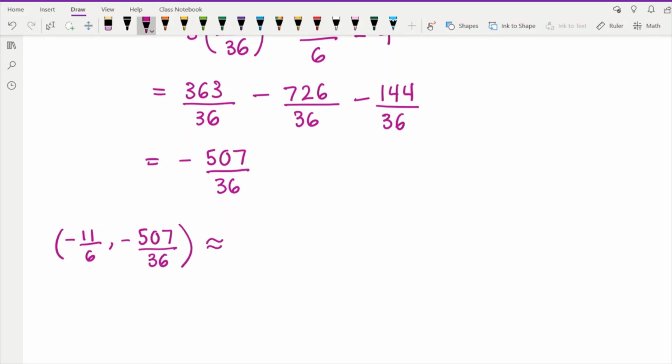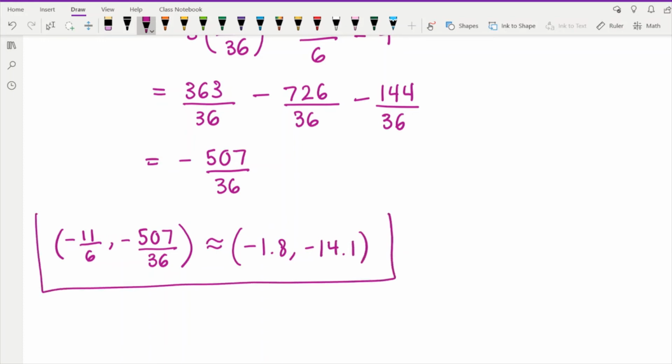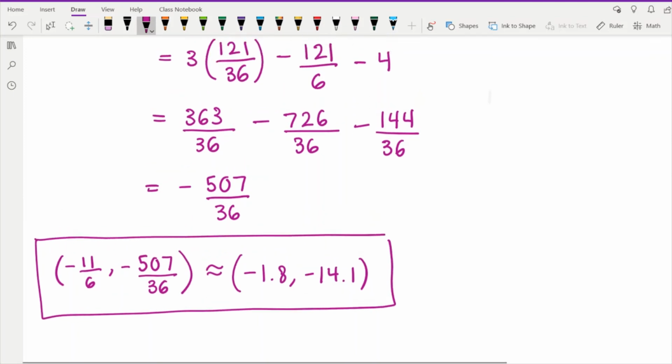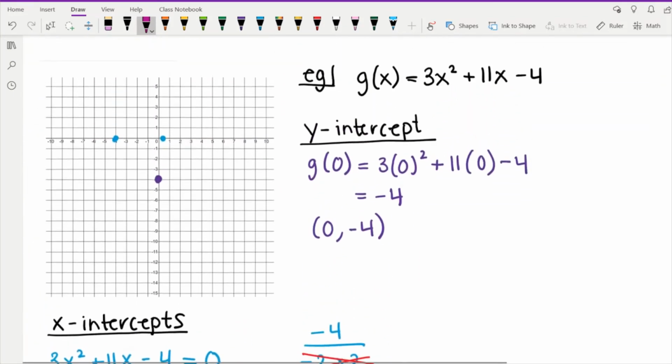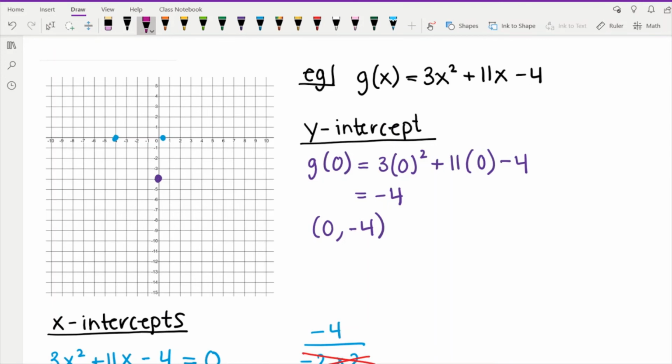If you type these numbers into a calculator, you'll get approximately -1.8 and -14.1. So let's go ahead and plot this point. -1.8 and -14.1. That's going to be all the way down like here.